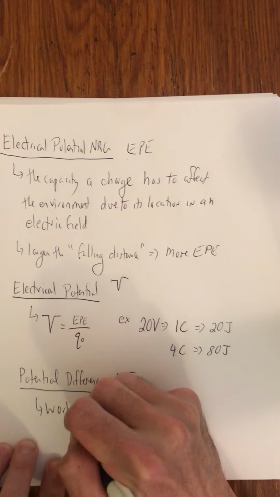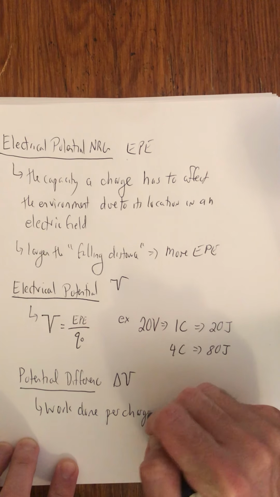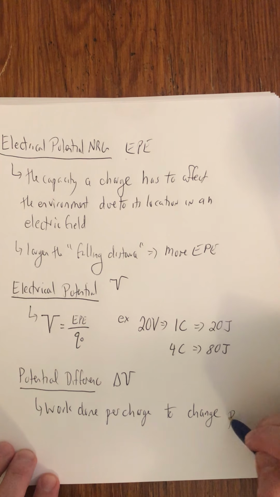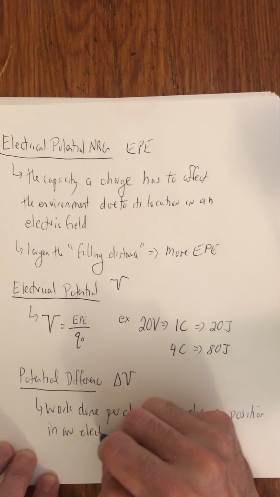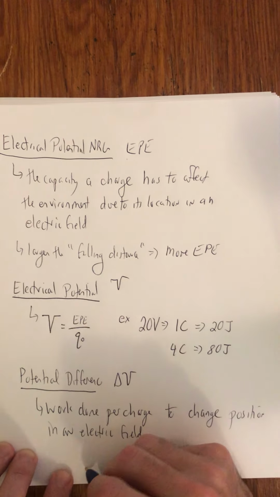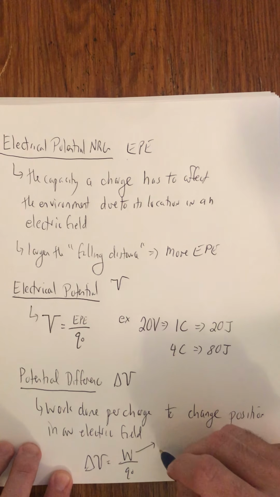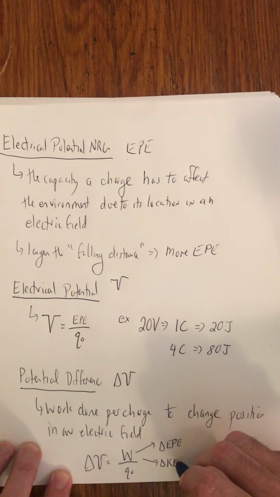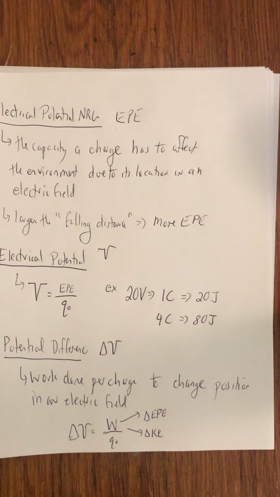Delta V is the work done per charge to change position in an electric field, which is why delta V was work done per charge. And that work could be a change in electrical potential energy, or it could be a change in kinetic energy, whatever is appropriate for the given context. Okay? And so those were the notions that we had before.